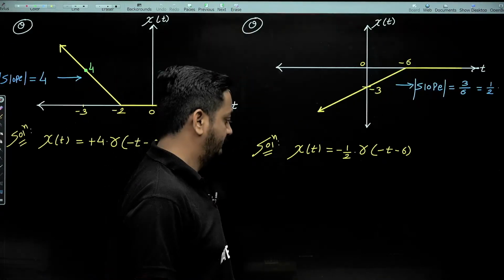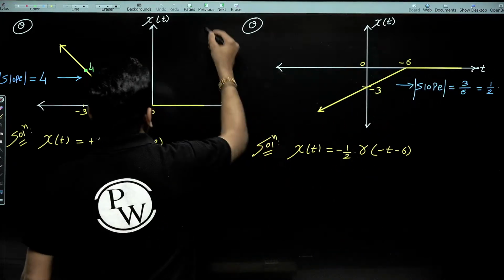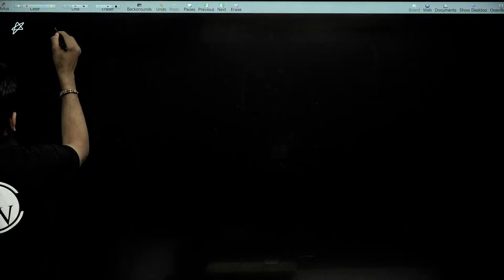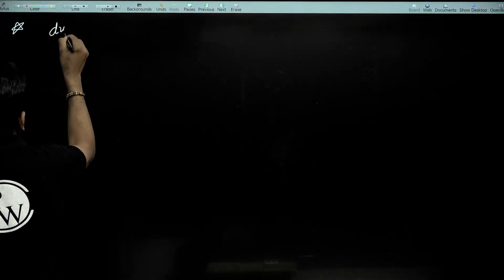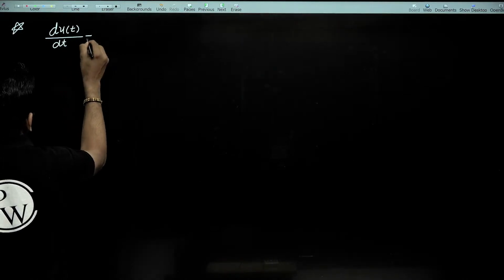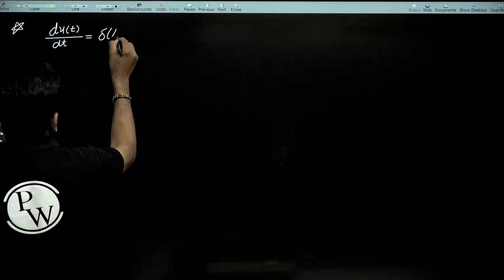Okay, fine. So this is all about the ramp function, guys. Now we know that the first order differentiation of the unit step function is the impulse function.